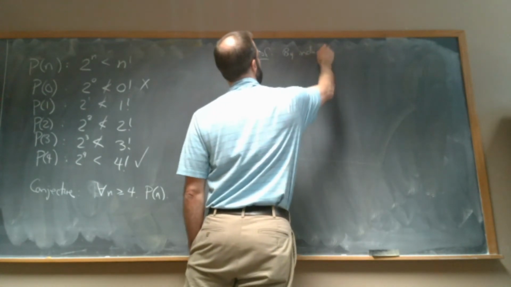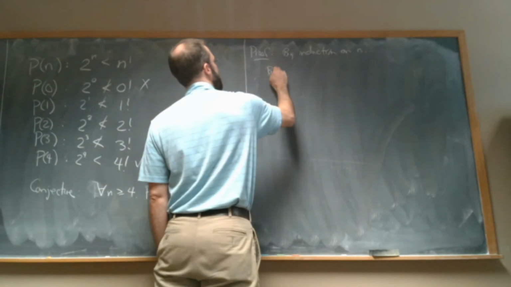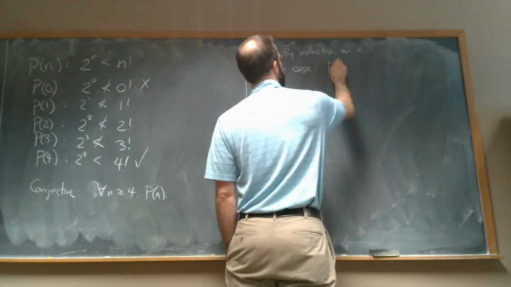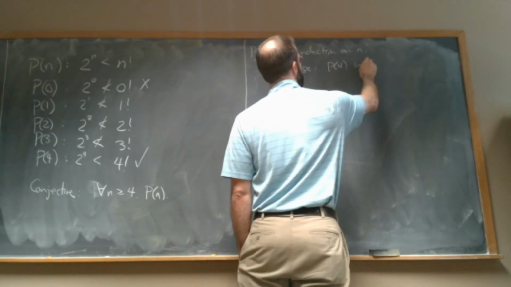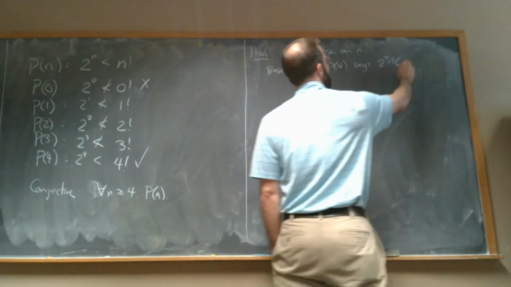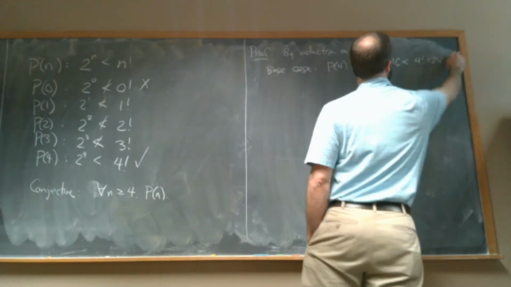Okay, so proof. Again, it's by induction on n. In the base case, P of 4 says that 2 to the 4th, which is 16, is less than 4 factorial, which is 24, and that's true.